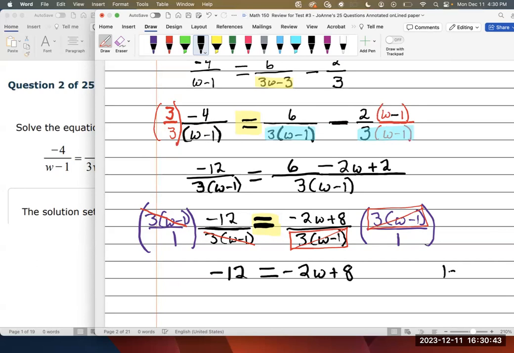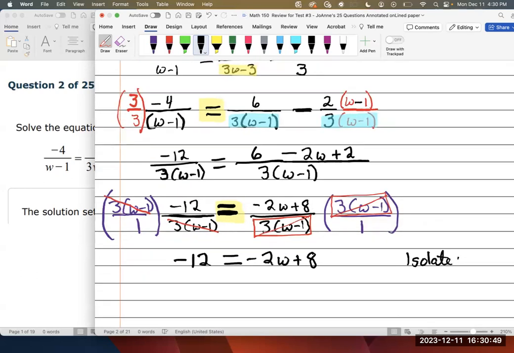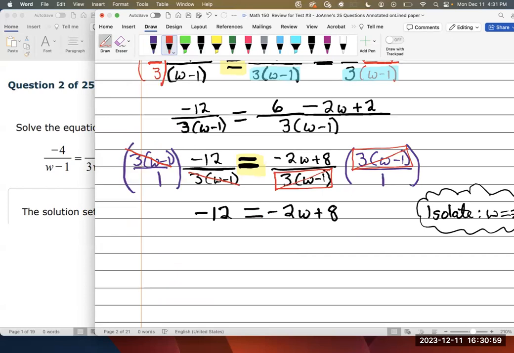My goal here is still to isolate the w. My goal is to find what number w has to equal. Okay, I want w by itself. What's blocking my goal is that plus 8. So I choose to do the same thing to both sides of the equation.